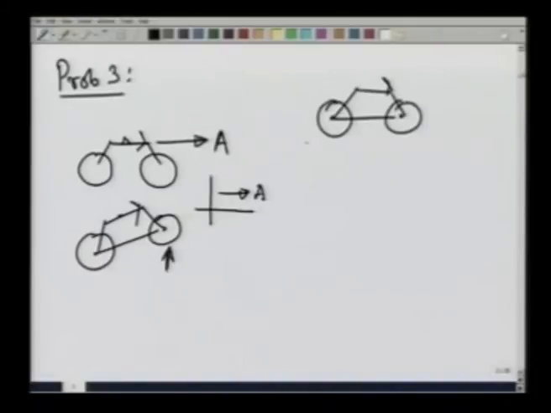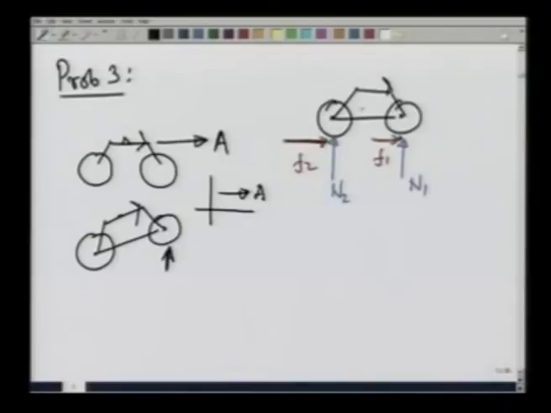it is in equilibrium under the following forces. There is a force N2 on the back wheel, normal reaction N1 on the front wheel. There is a frictional force F1 on the front wheel. There is a frictional force F2 on the back wheel.